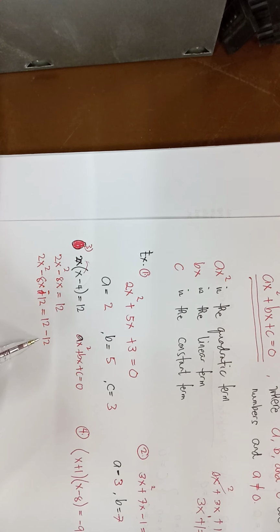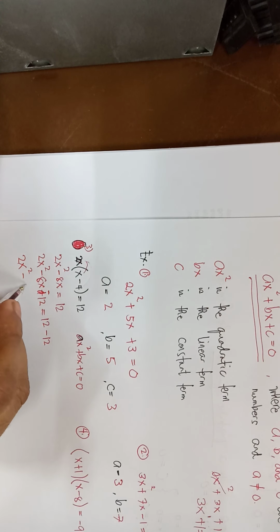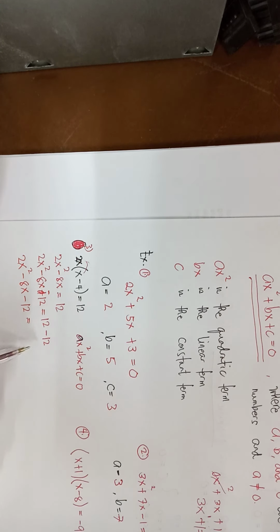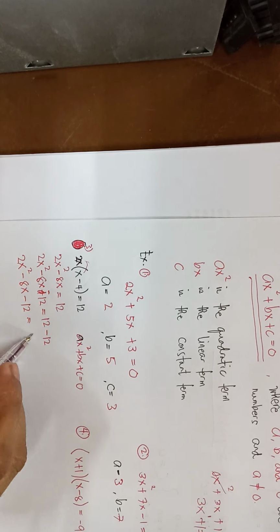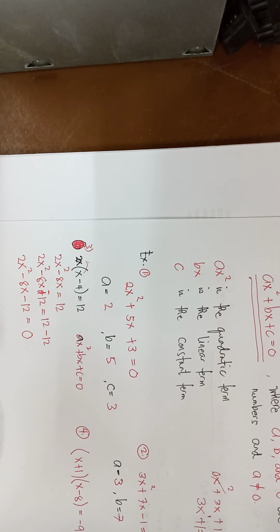So we have 2x squared minus 8x minus 12, and 12 minus 12, that is equal to 0. So therefore, it is now in the form of a standard form.